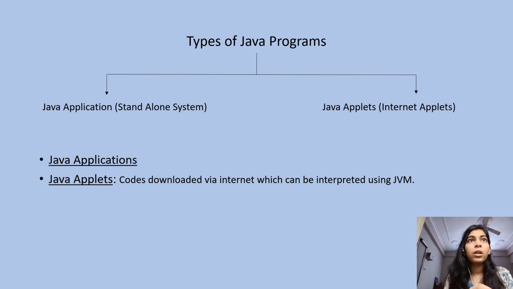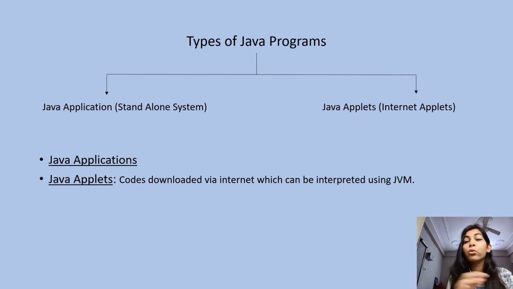They require a Java enabled web browser for execution, which means when you use a Java technology enabled browser to view a page that contains an applet, that applet code is transferred to your system and is then executed by the browser's JVM, right?